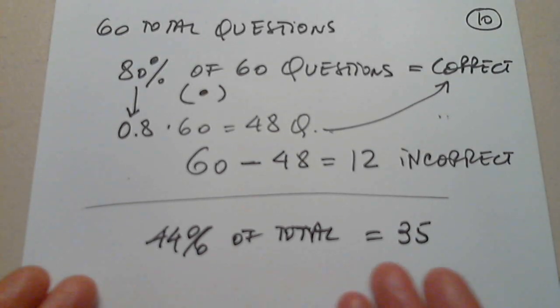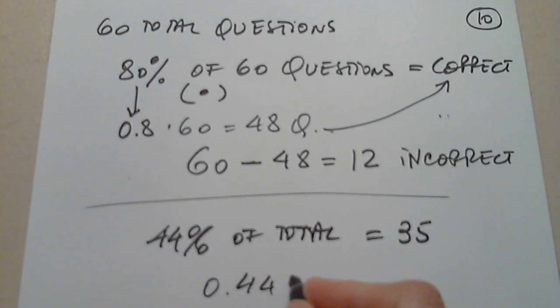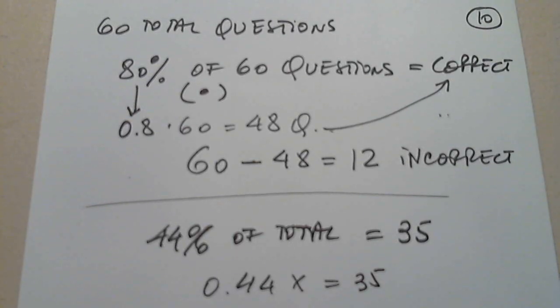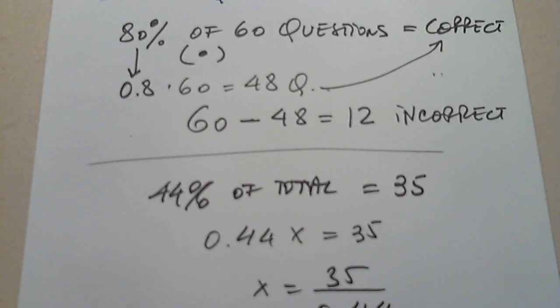How do I convert this into an equation to find the total? 0.44 x equals 35. That's it. So then I have x equals 35 divided by 0.44. And then we will know how many attempts they made.